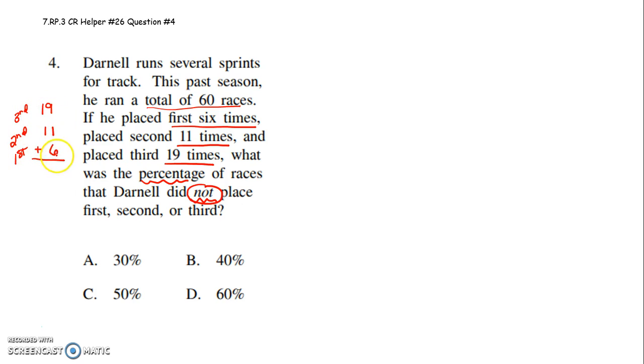So 9 and 1 is 10, and 6 is 16. So it looks like 36, 19, 29, 30, yep, 36. 36 times he finished first, second, or third. 36 races he finished first, second, or third.